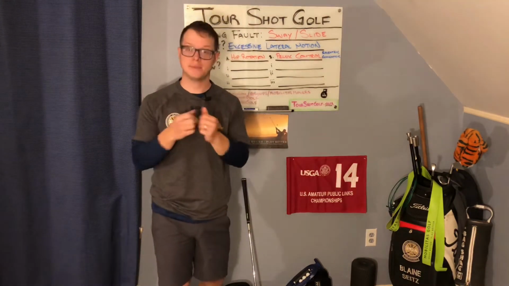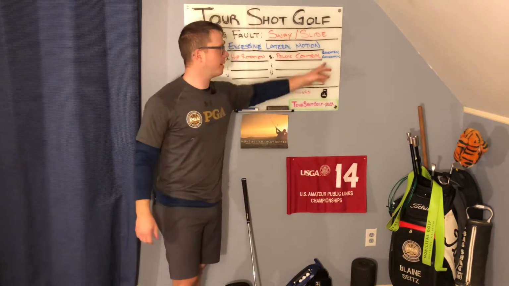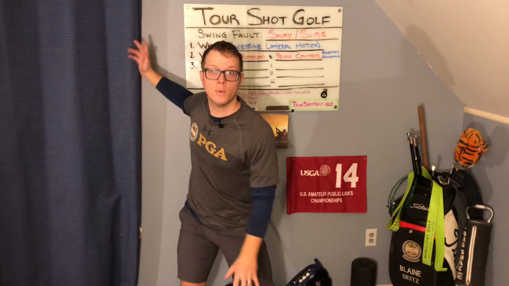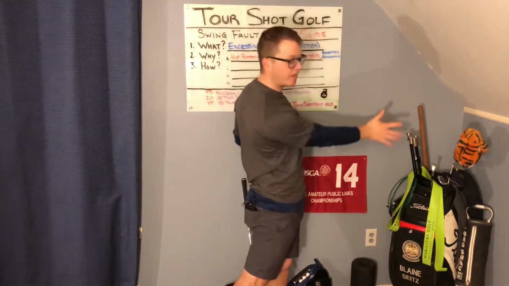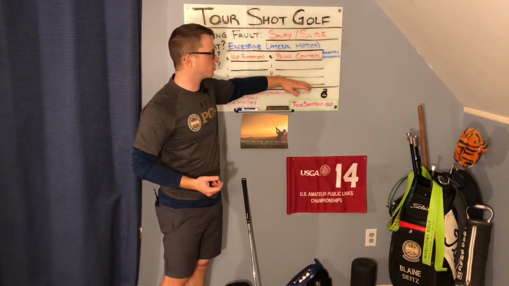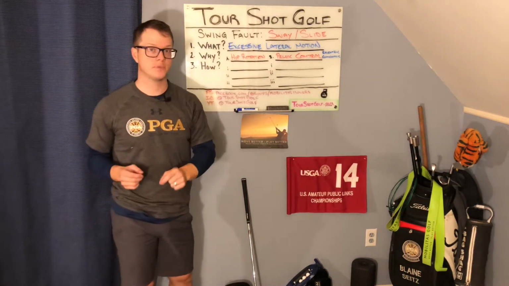We want to train them to contract while they're being stretched out. And on the downswing, as we talk about the slide, we're talking about concentric. After they've already been stretched out, we want to improve their ability to contract and fire because that helps create power and speed. Again, the exercises we're going to prescribe aren't going to change from one to the other, but how you train them does.